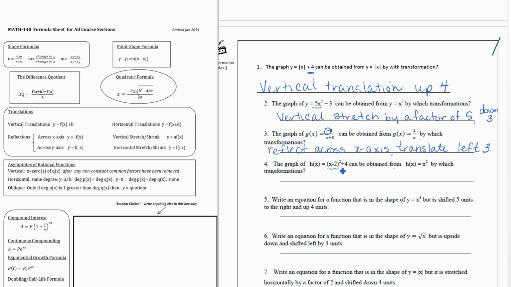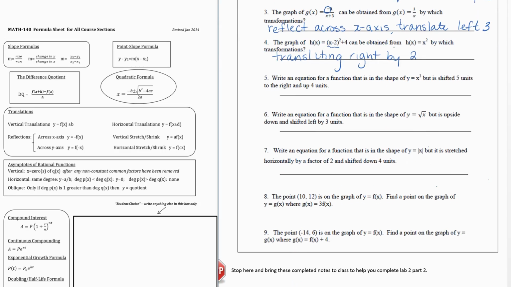When it's inside the parentheses, we're doing it horizontally. Remember, subtracting inside the parentheses means you're going right. So we're translating right by 2. Now, the 4 we're adding to the very end. So that means we're going up 4.